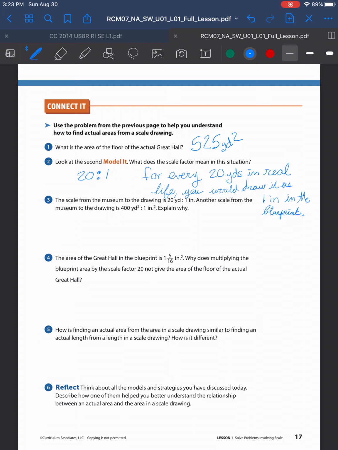Sorry guys, I kind of ran out of room. So for every 20 yards in real life, you would draw it as 1 inch in the blueprint.